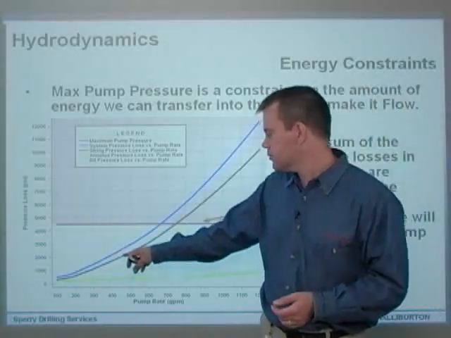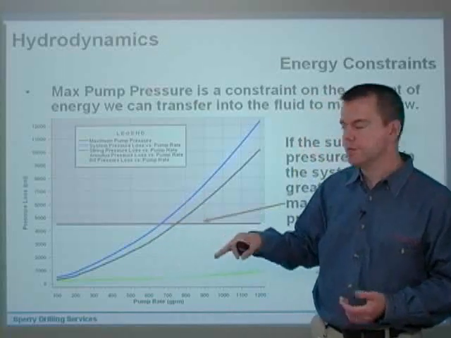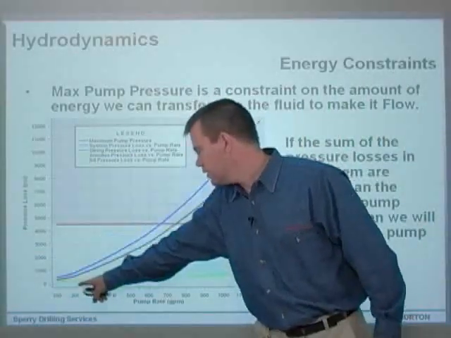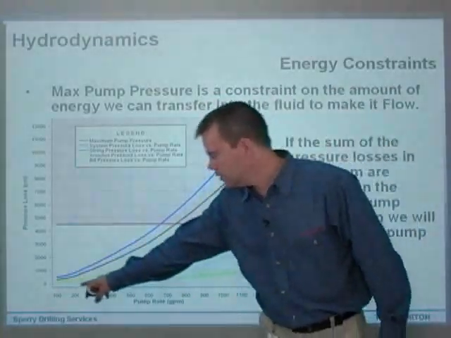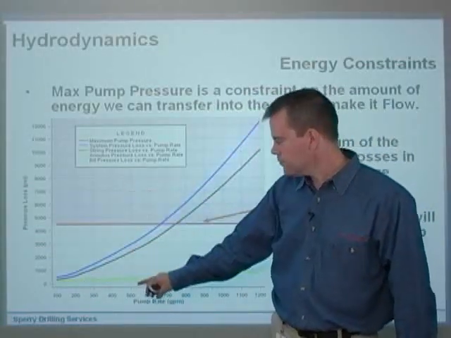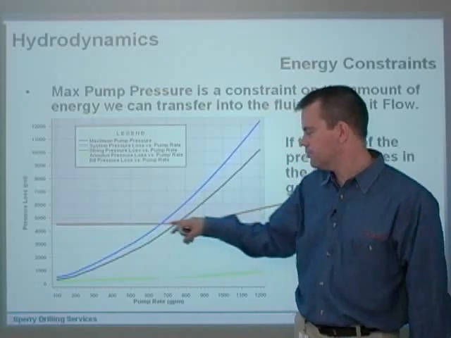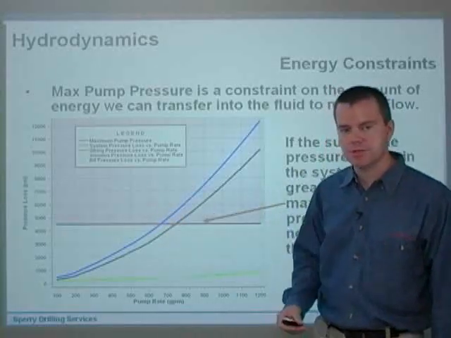And we've got string pressure losses. If we add these 3 together, we get this blue line, which is your overall system pressure loss. We've got pressure up this axis and pump rate or flow rate along the bottom. So as you increase your pump rate, your pressure increases, and there will be a point at which you can no longer pump because your maximum pump pressure has been reached. So that's one constraint on the system.